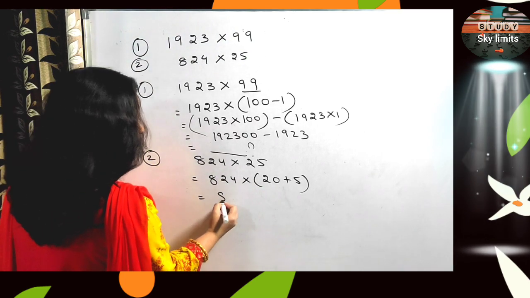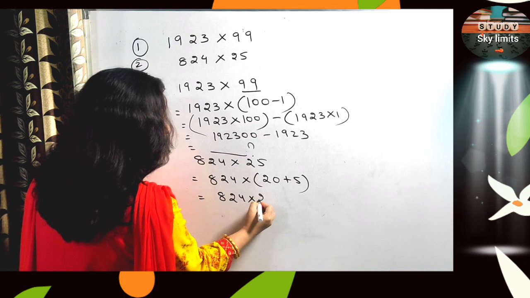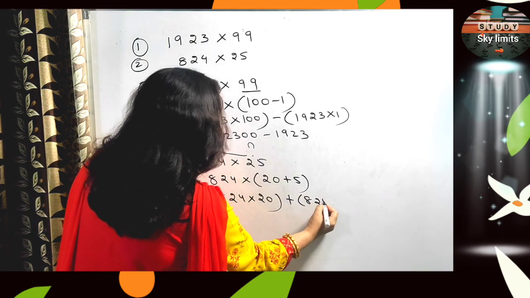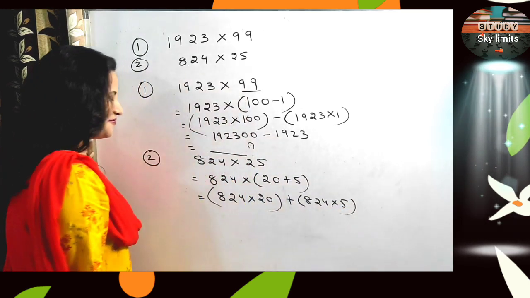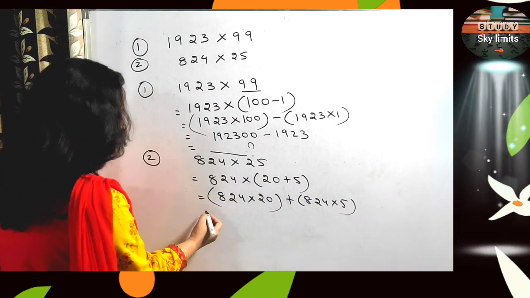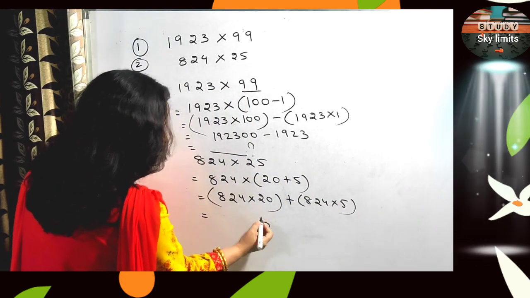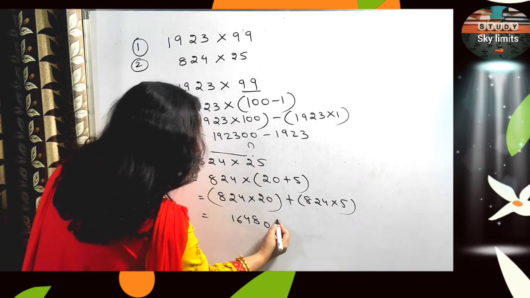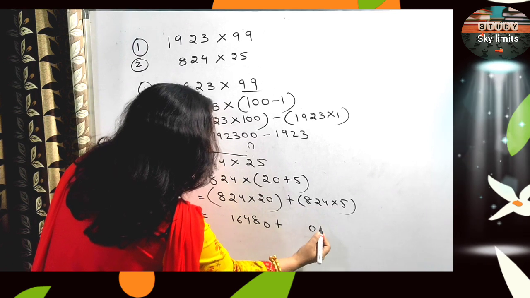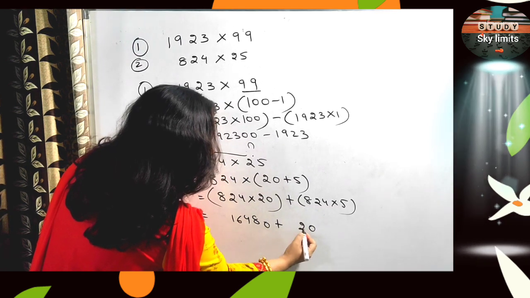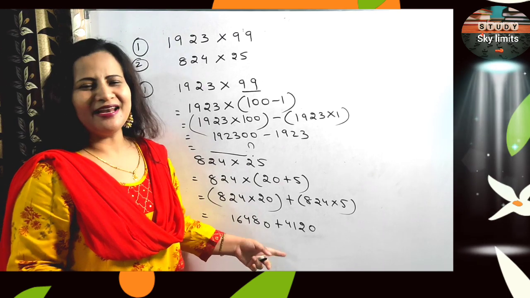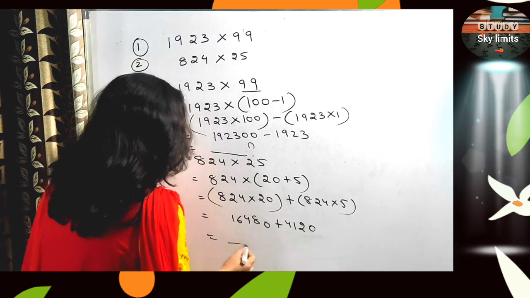So 824 multiplied by 20 plus 824 multiplied by 5. That makes it simple. So now we can easily multiply it, then add it. Very simple.